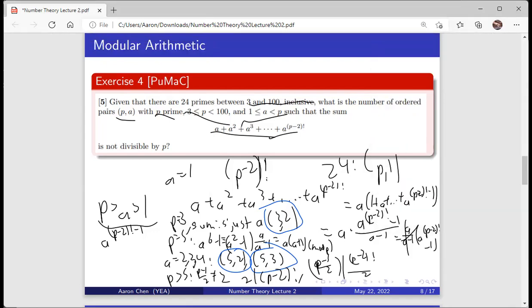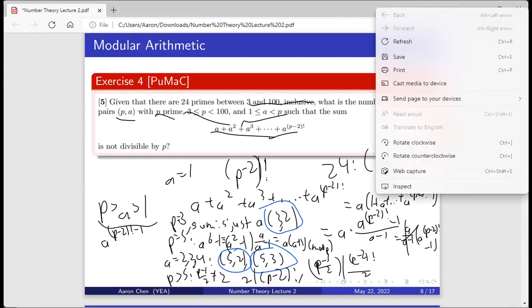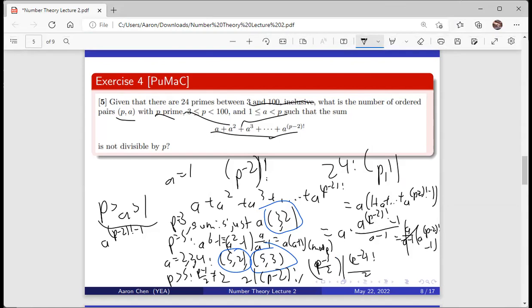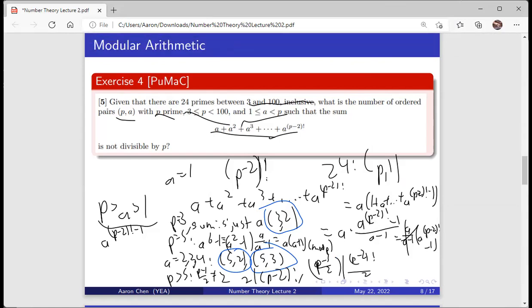So what you get next is that this is true, and it's because 2 and P minus 1 over 2 are between 1 and P minus 2.